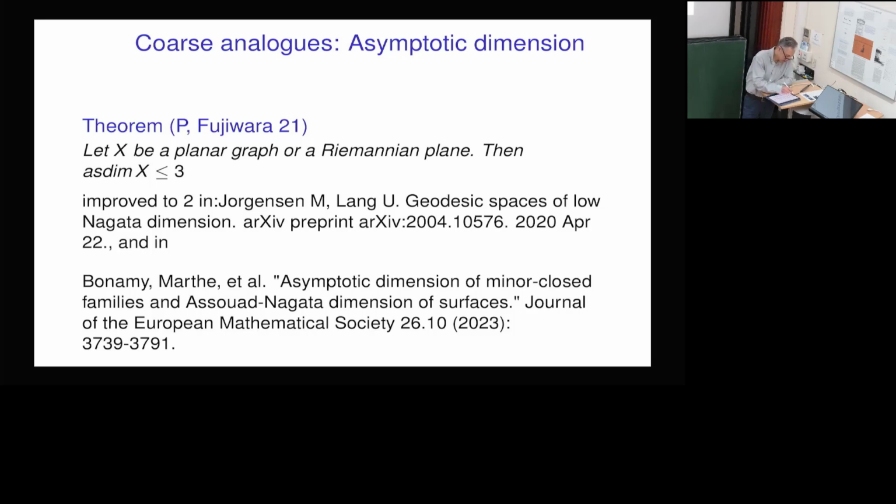So first of all, this is 2. The statement of their theorem is the following: that this is 2, and this does not contain K_n.